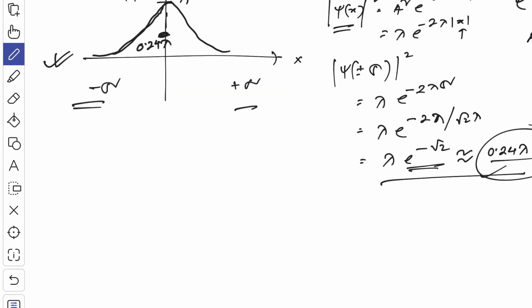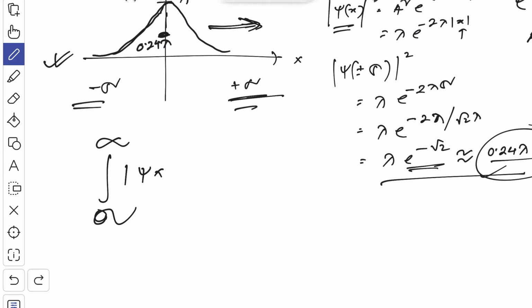So let me first find the probability towards this side, outside this positive sigma range. Then what will happen? Integration from sigma to infinity of the probability density, that means mod of psi x comma t squared dx.